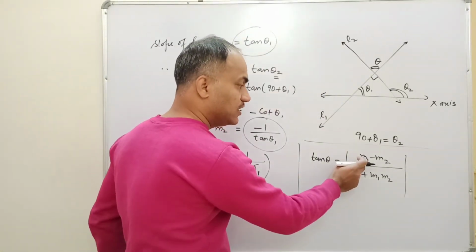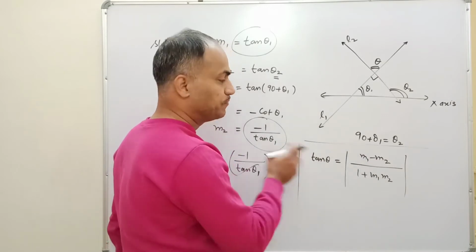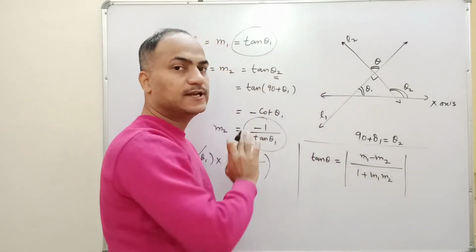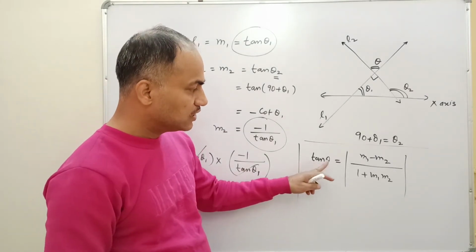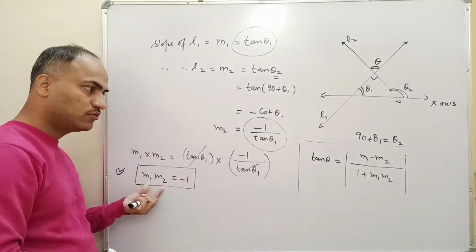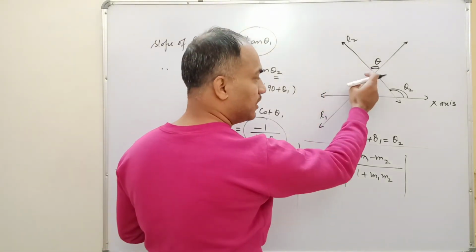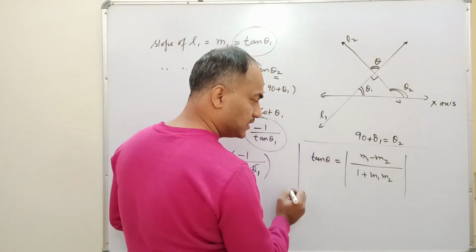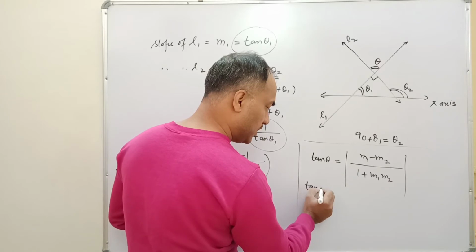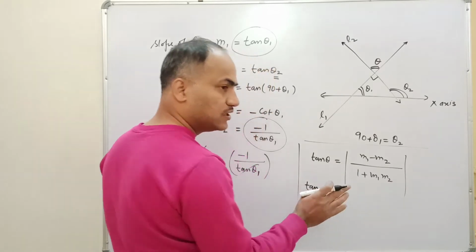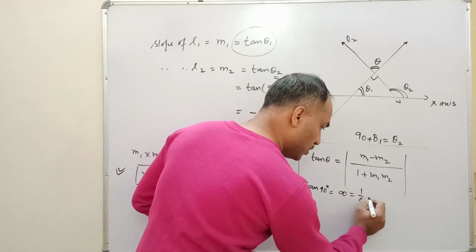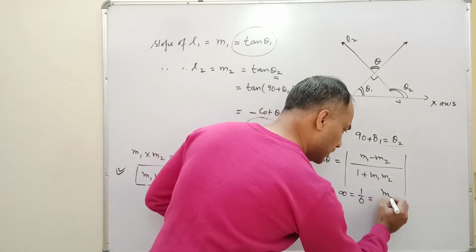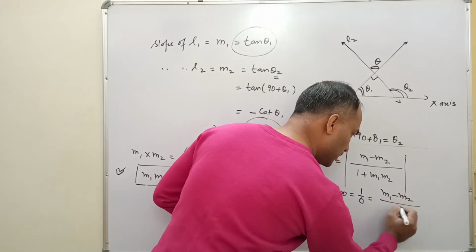यहाँ पर m1 is slope of line first, m2 is slope of line second. ठीक है, दोनों लाइन का स्लोप है. तो यहां से देखिएगा, अगर हम ये कंडीशन रखते हैं परपेंडिकुलर वाली, it means lines अगर परपेंडिकुलर हैं, so this angle theta is 90 degrees. So tan 90 is what? This is infinity. Infinity means 1/0. अगर ये 1/0 इस वैल्यू की इक्वल रखते हैं, then what we get?